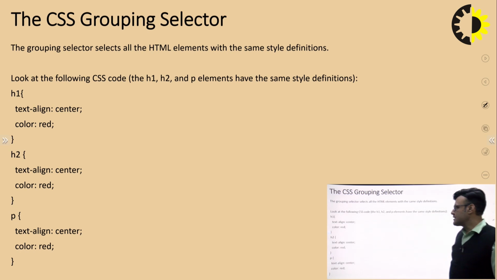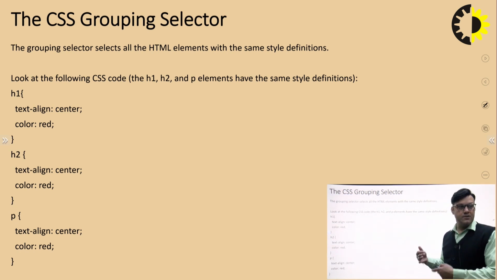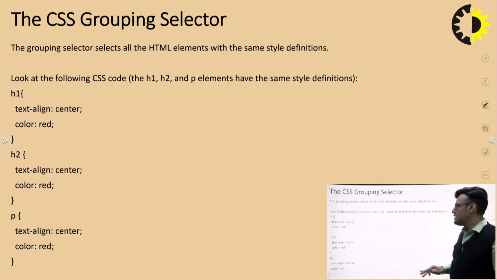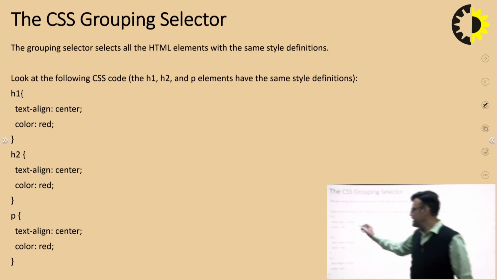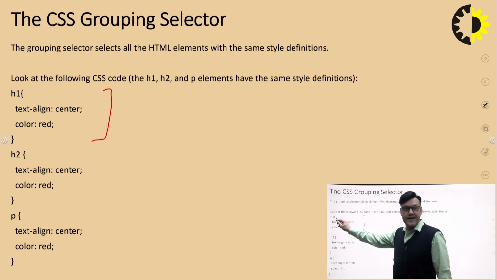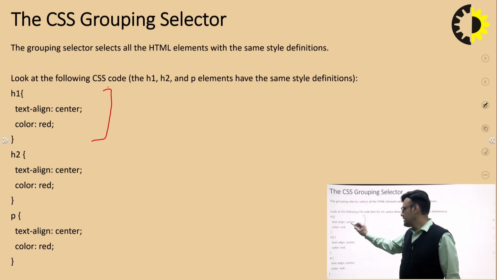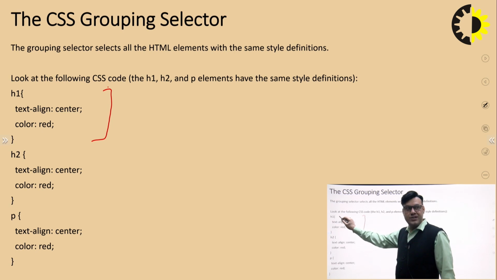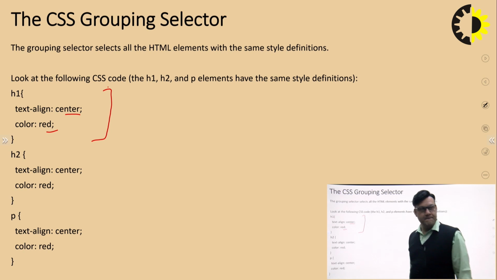Now grouping selector. As the name represents, we can represent in groups also, right? So for example, this is the CSS that I want to show on the heading H1. Whatever text is written under this heading H1, text align should be center and color will be red, right?